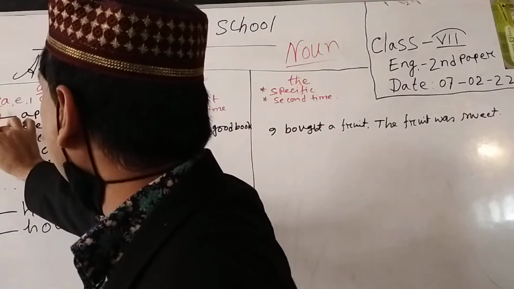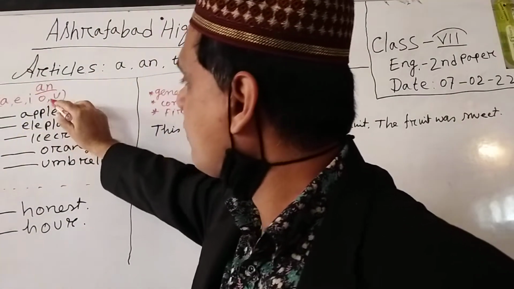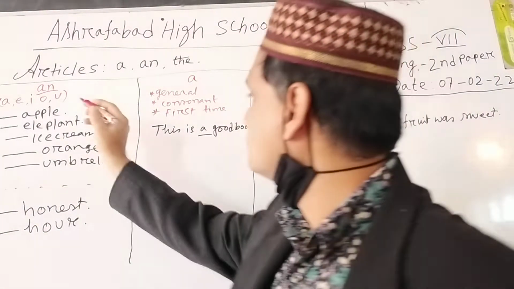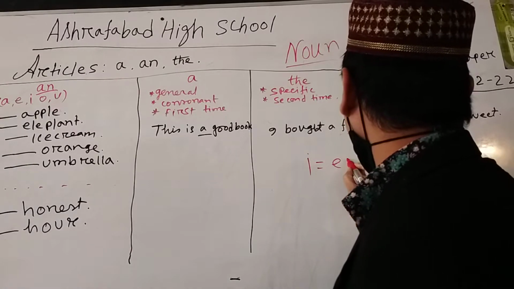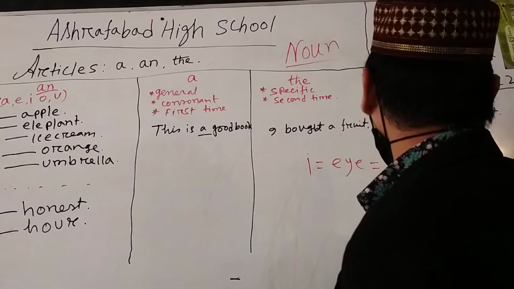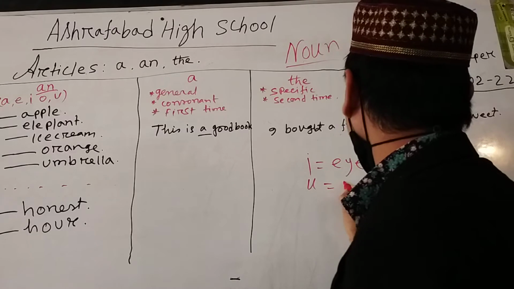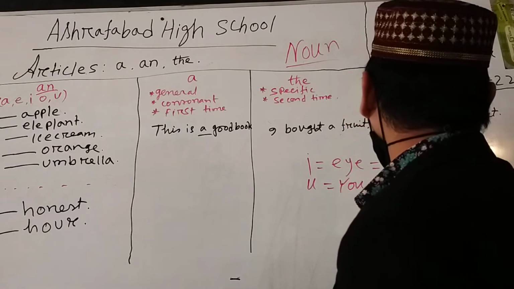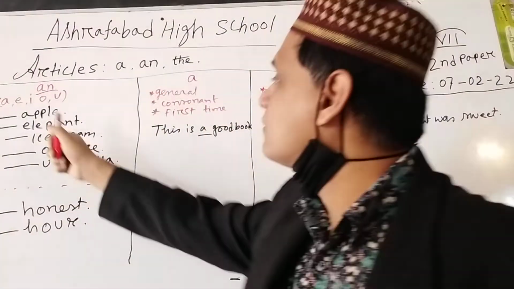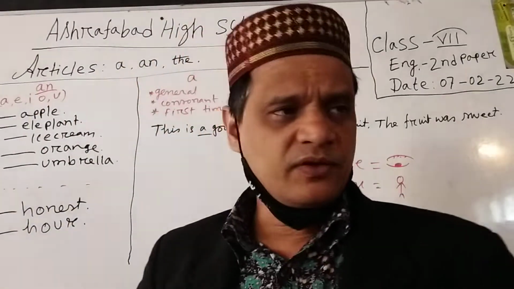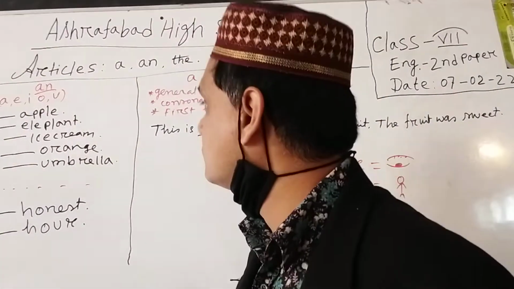They are A, E, I, O and U. So the first one is An. An is used before a noun beginning with a vowel.